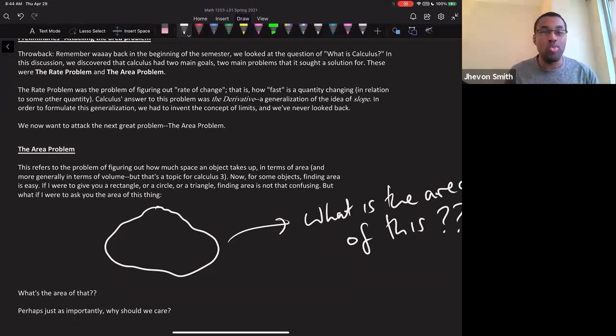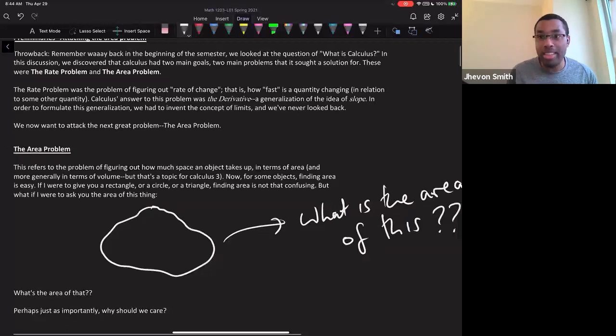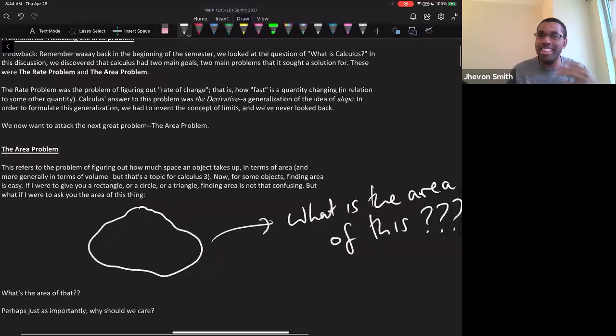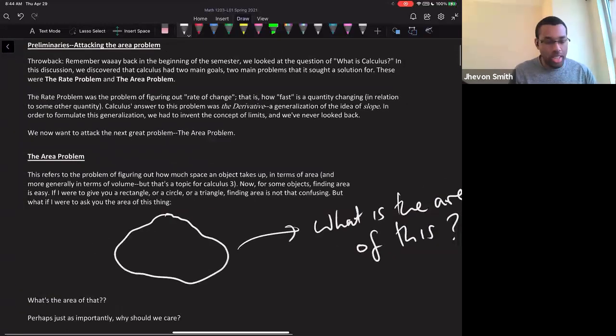A lot of times you're renting stuff, and it depends on how much space you're getting. So knowing how much space something takes up is very important for a multitude of reasons, but that's just one of them. So let's just assume that this question is important, because it is, and move on to how we actually solve it.